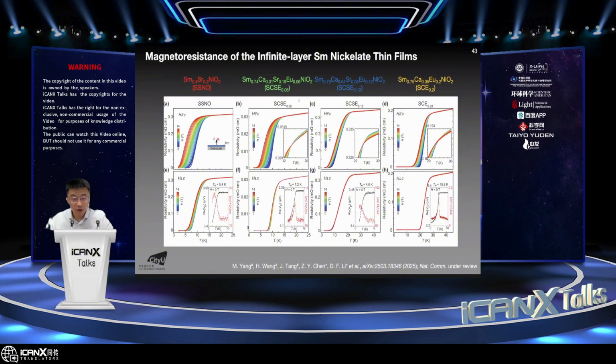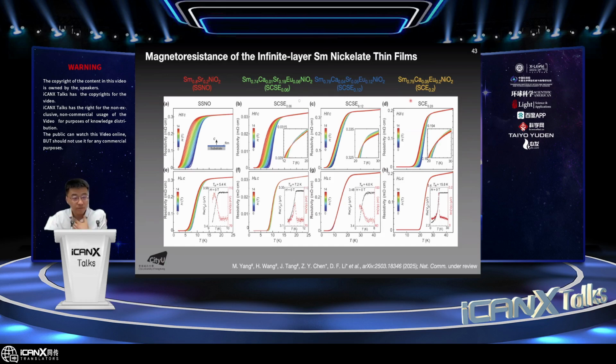From these data, qualitatively, you can already see that the system shows a little bit of anisotropy, because the suppression of superconducting transitions is not the same when the magnetic field is applied perpendicular and parallel to the sample plane. So there is a bit of anisotropy in the system. This is true across different compounds.